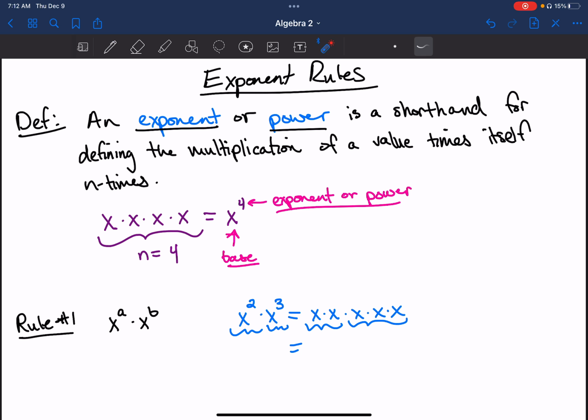So using this example and this formal definition, it's n times. How many times do we count up x here? Well, we have 1, 2, 3, 4, 5. So we get x to the 5th.